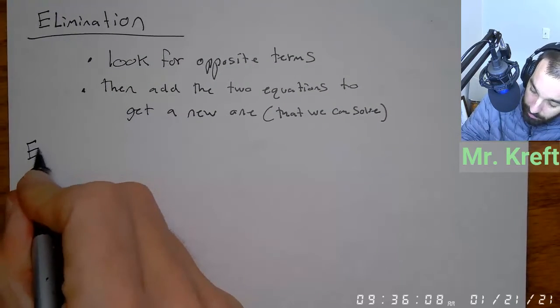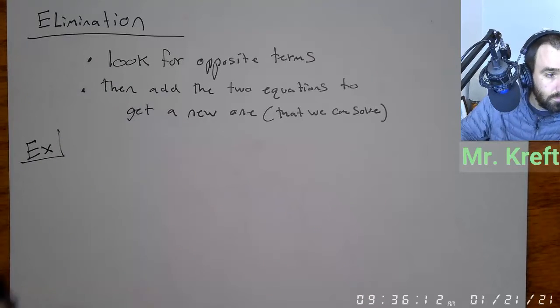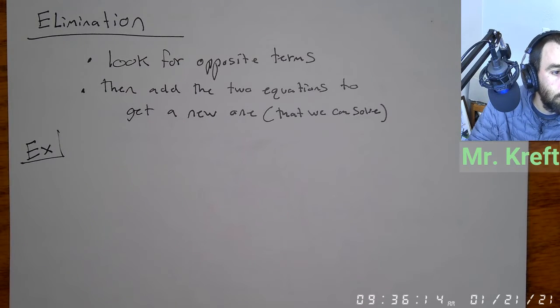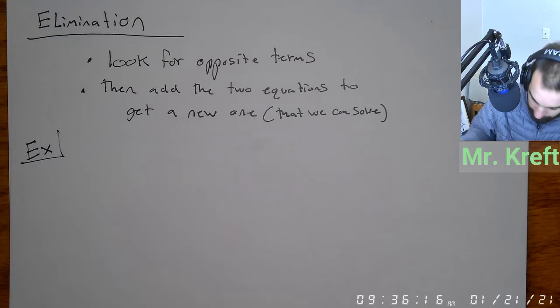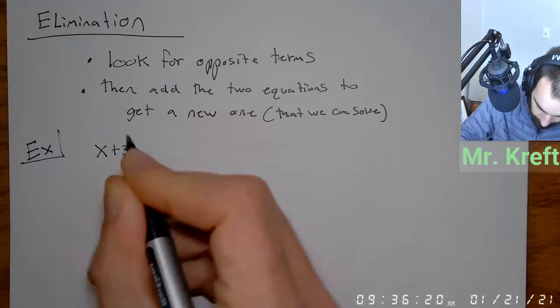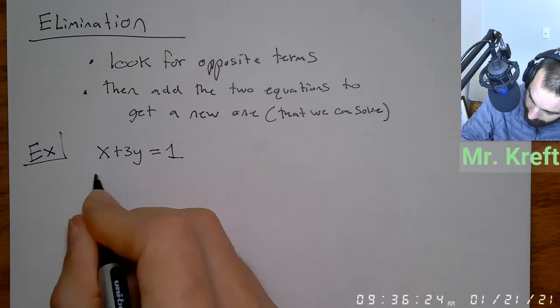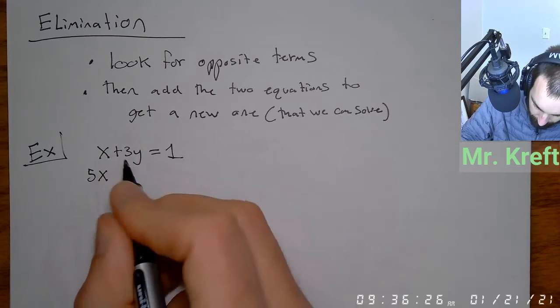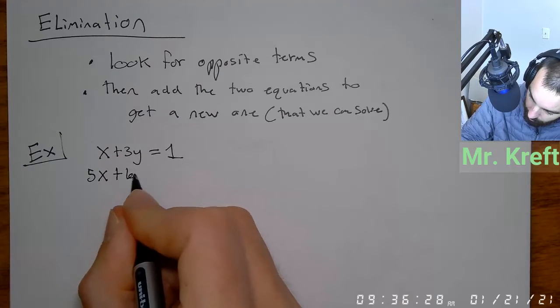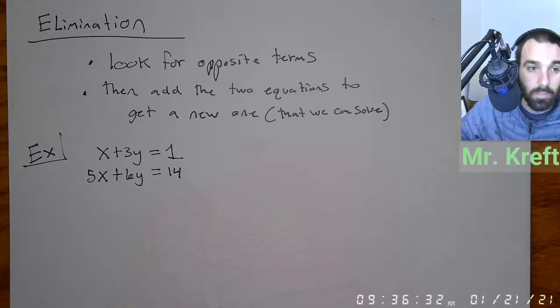So let's do an example of this so that you can have an example to go with the words. I picked out a couple of problems that were really good. Okay, here we go. So I'm going to have x plus 3y equals 1, and 5x plus 6y equals 14.